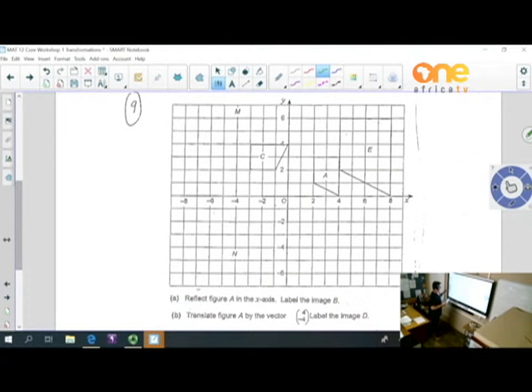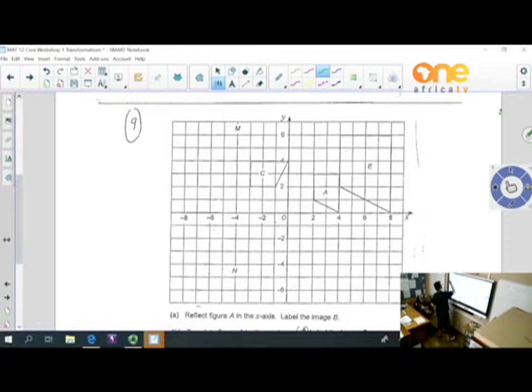Right, question 9. Okay, reflect figure A in the x-axis and label it B. So this is the x-axis, look there, where you have to reflect it.